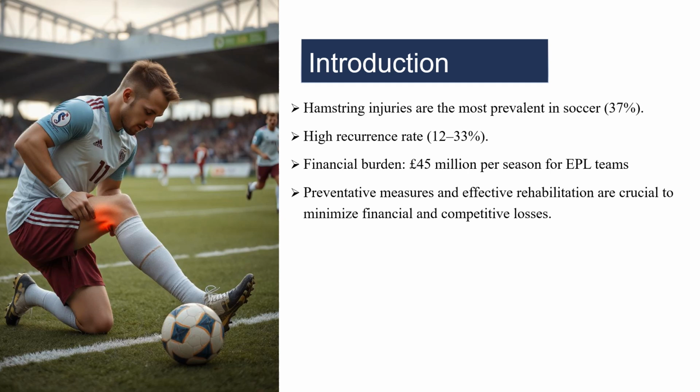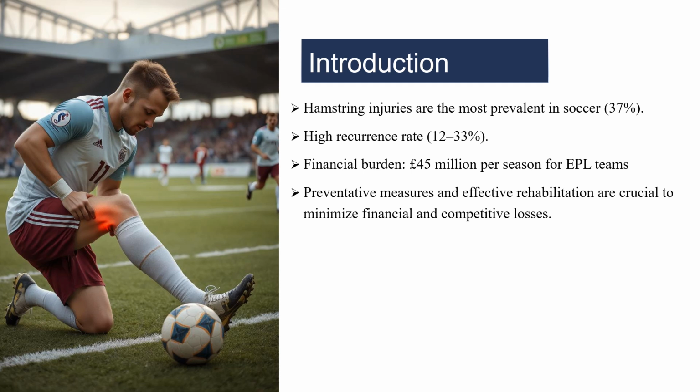There is also a high recurrence of hamstring injury in soccer, from 12 to 33%. That means 12 to 33% of hamstring injuries which were previously treated, healed or rehabilitated were found to reoccur. There is a financial burden of 45 million euro per season for EPL teams.